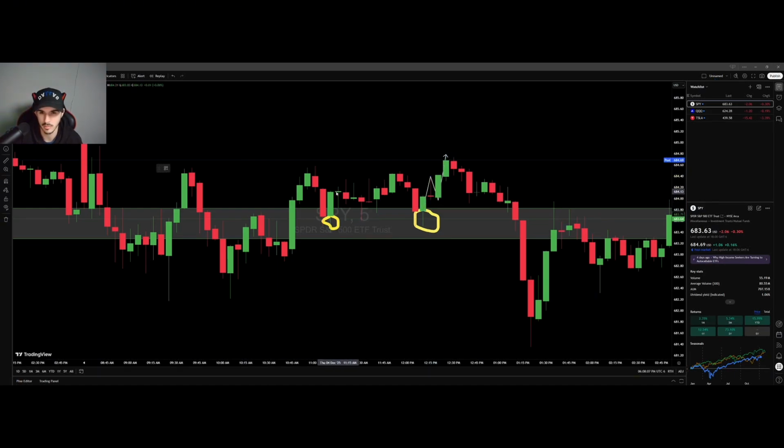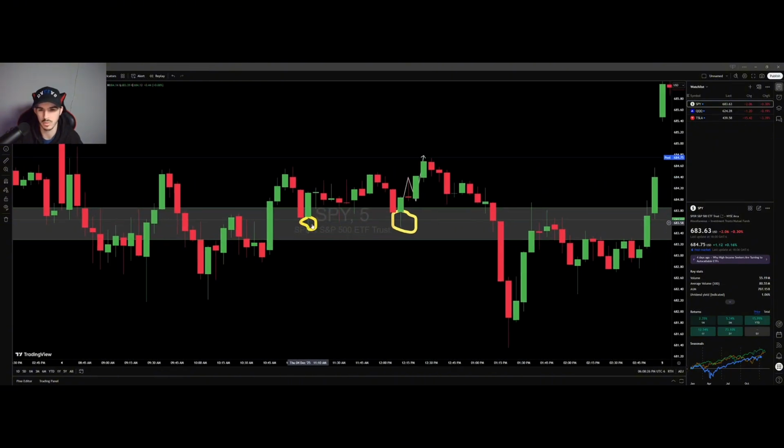We got the hammer candle, and then we continued up from there. We made a higher low, continued higher, right? There was a little more choppiness on the chart here than the second one, but you're still able to identify this bullish hammer, and it played out both times. So it's another source of confluence I use.